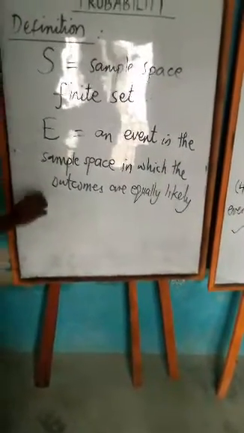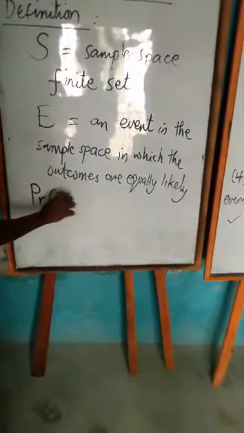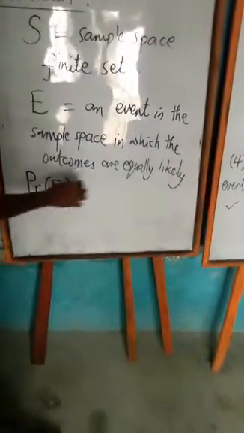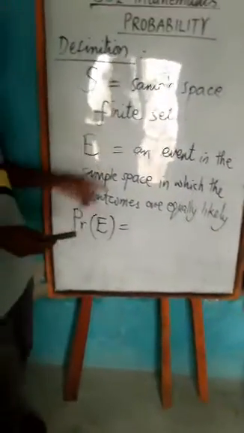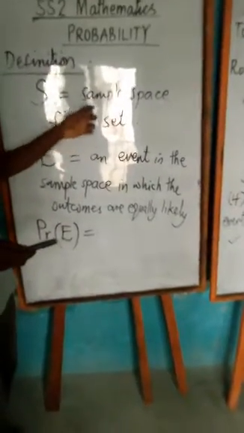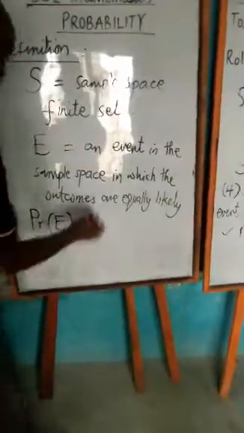So how do we now define the probability of an event E? The probability of an event E is the number of outcomes in the event E over the total outcomes in the sample space, like I've done at the beginning.